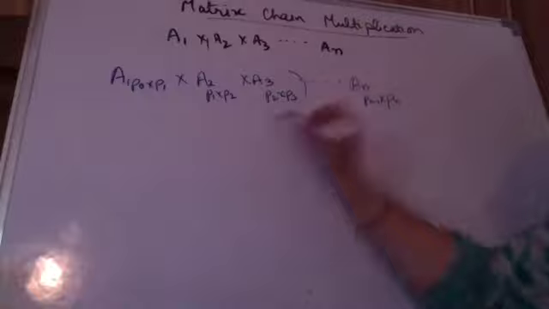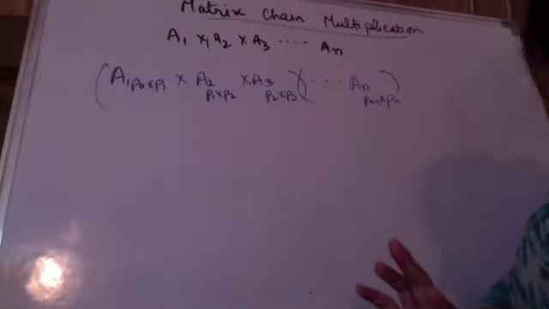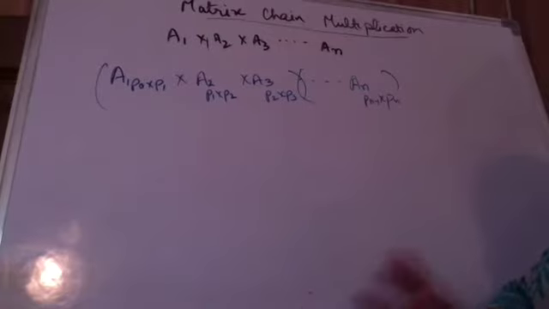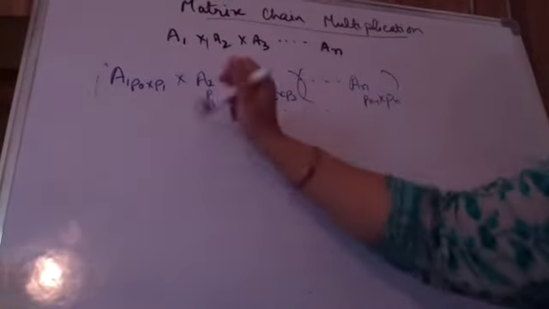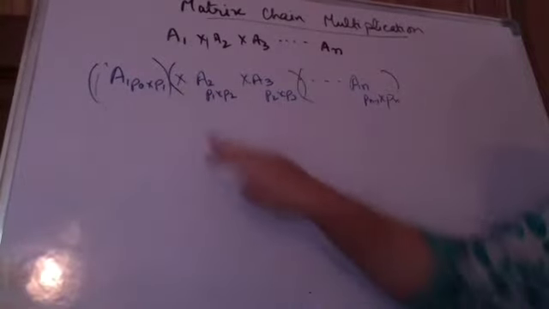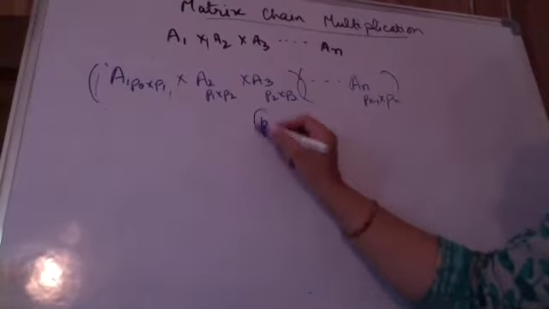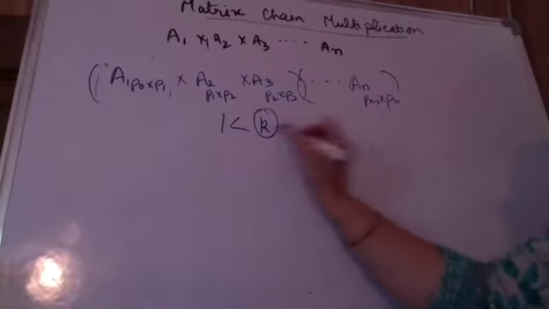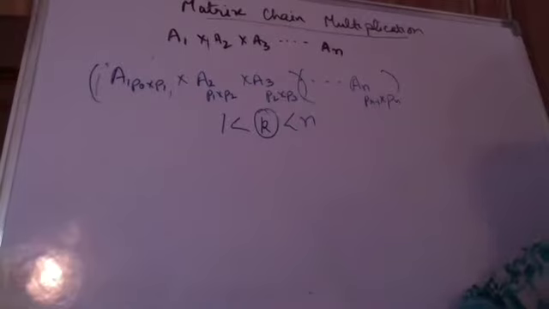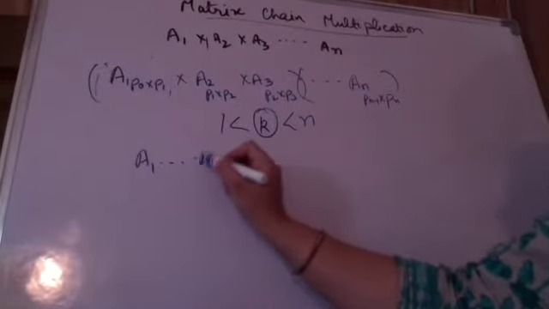कहीं ना कहीं तो वो parenthesis आएगा. It would be somewhere, चाहे वो यहाँ से आए और यहाँ पे आए. I have to find that somewhere which I am calling a point K, which is lying in between 1 till n. I am breaking my matrices from A1 till AK.